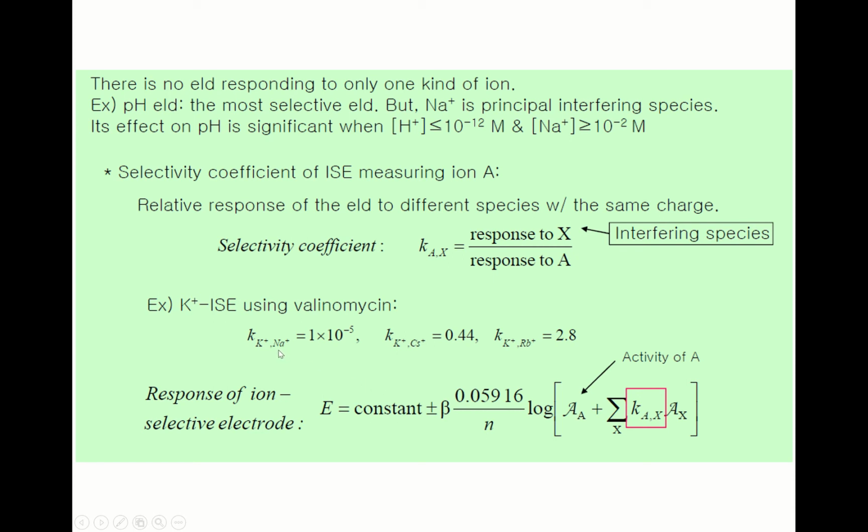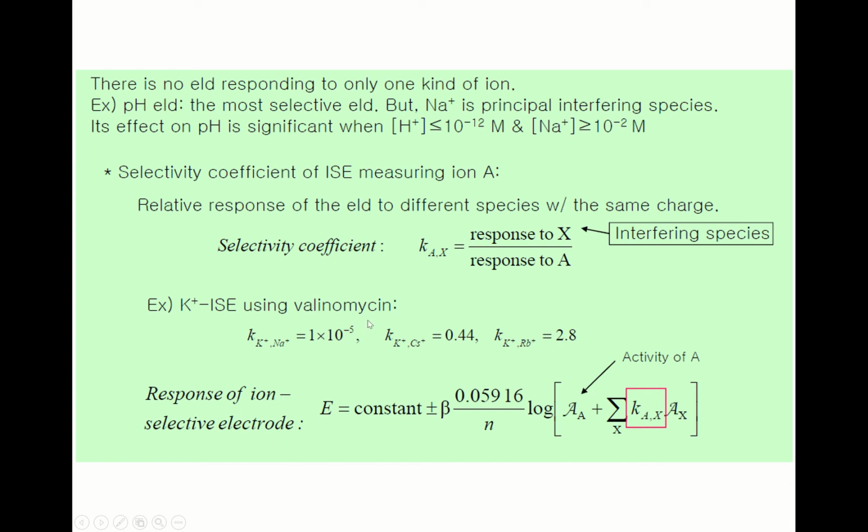But the selectivity coefficient here is 10 to the minus 5. Very small, this is very good. This means that when sodium ions are 100,000 and potassium ion is only one, the response is the same.